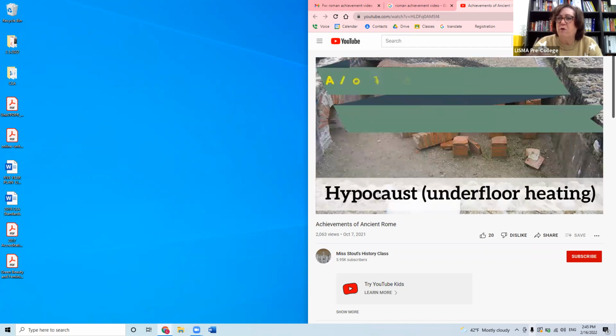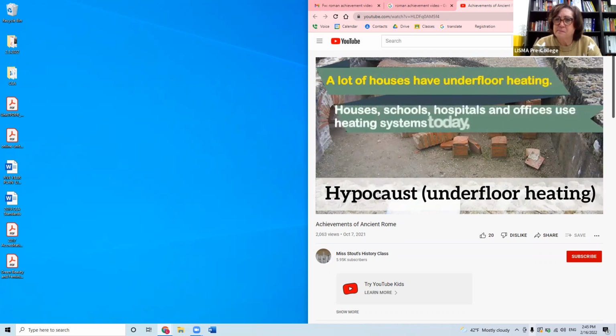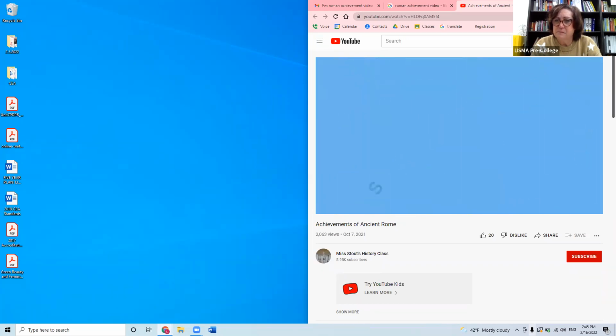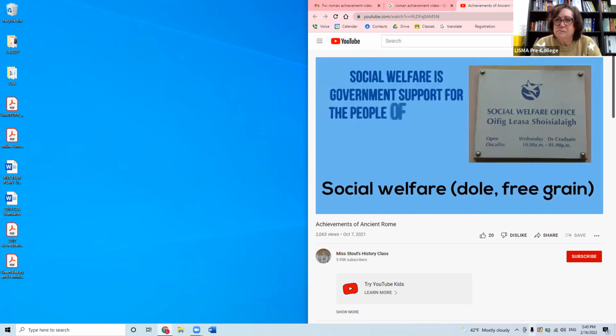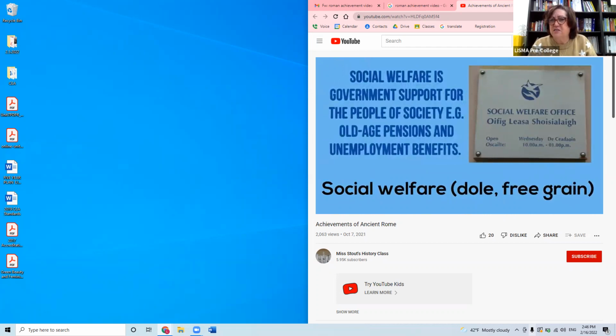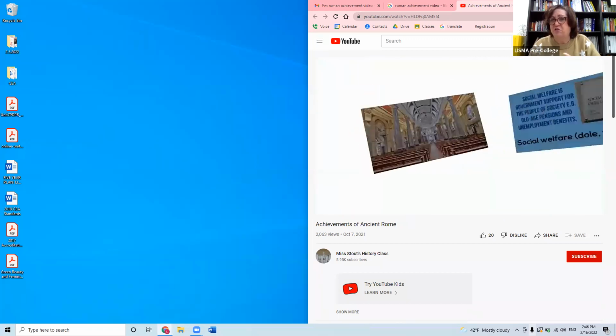Here's the underfloor heating, hypocaust. So this is pensions, unemployment benefits, Social Security.